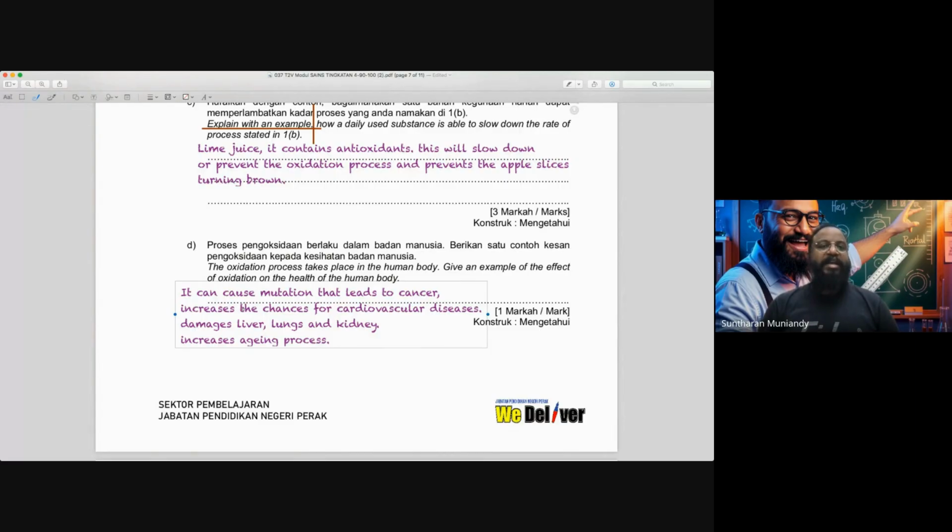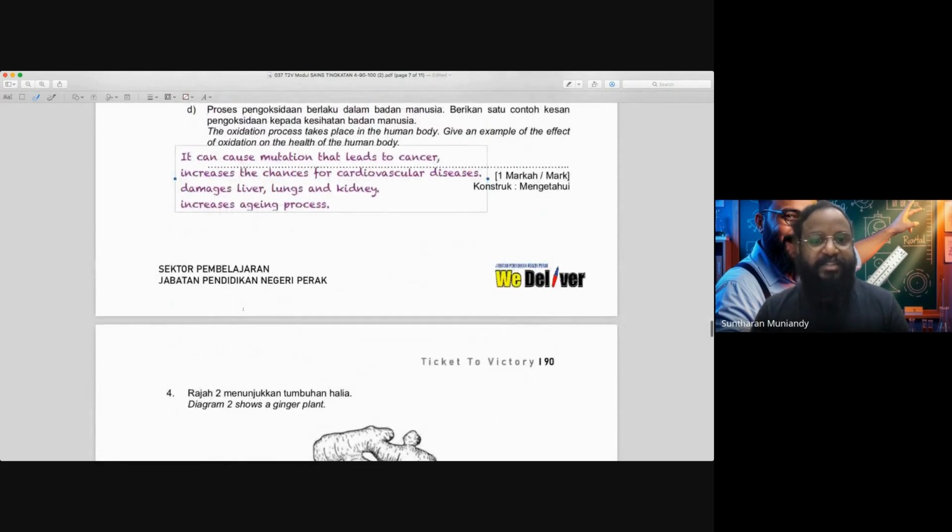All these are examples of the effect. They asked only one. I gave you many in case you will need them for exams. They might be asking you 2 or more, or they might be having 3 of that and they ask you another new one. So you should be prepared with different kinds of effects.